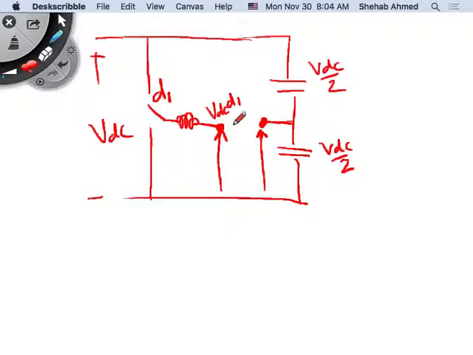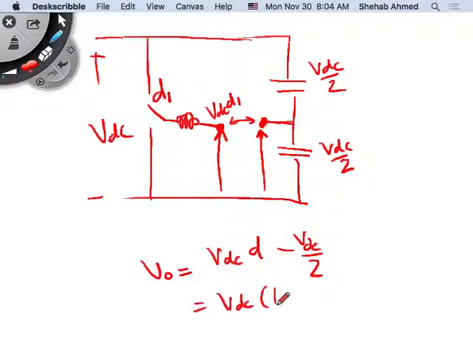And so the output voltage for the half bridge inverter was VDC times D minus VDC over 2. This was the average output voltage in this case. If you take VDC by itself, it's D minus half, right?